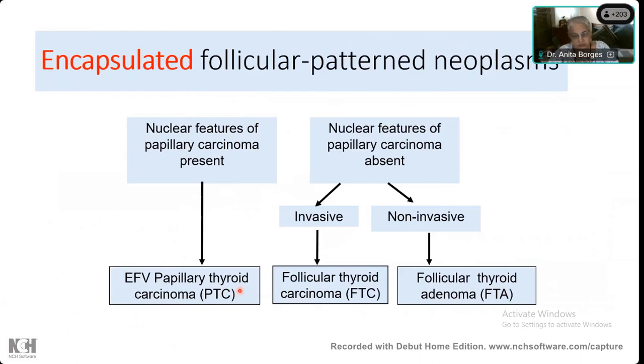All of the different descriptions, the updates on thyroid pathology, called this lesion an encapsulated follicular variant of papillary thyroid carcinoma, right? If the nuclear features of papillary thyroid carcinoma were absent, and if it was non-invasive, it was called a follicular thyroid adenoma. If it was invasive, it was called a follicular thyroid carcinoma. And I don't think that there was anything more easy than this.